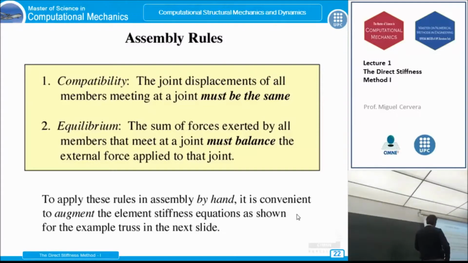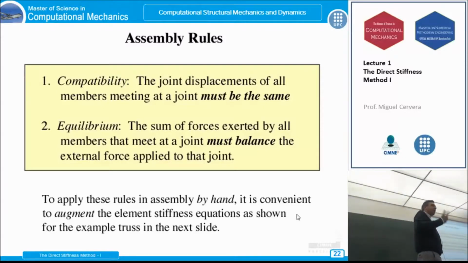Now, compatibility, in this particular example, remember that we have already used compatibility at local level. I have said, because there are no cracks, the elongation of the spring or the bar is the difference between the displacement of one end minus the other. So I have already used part of compatibility.